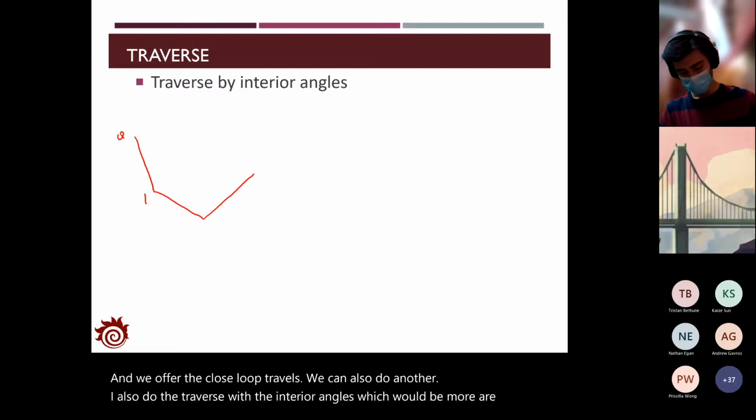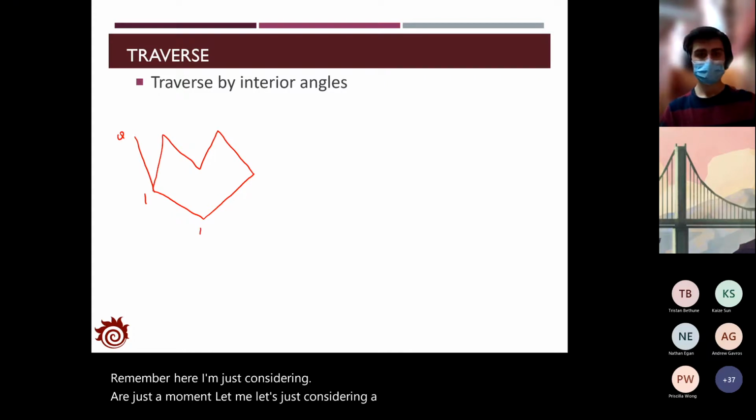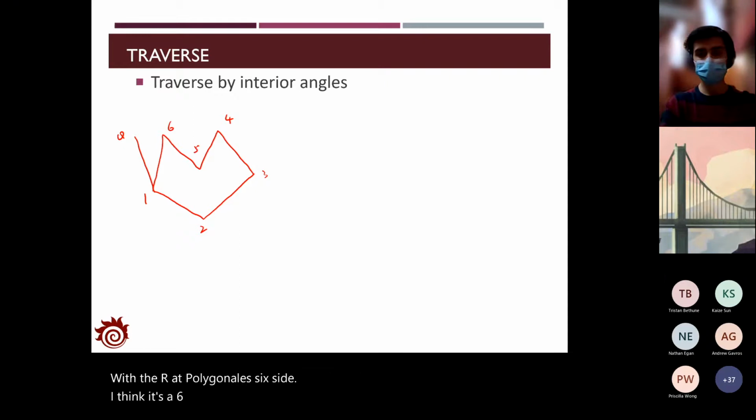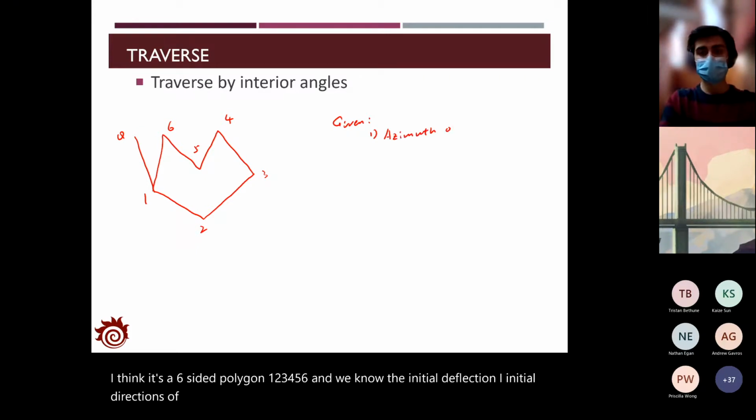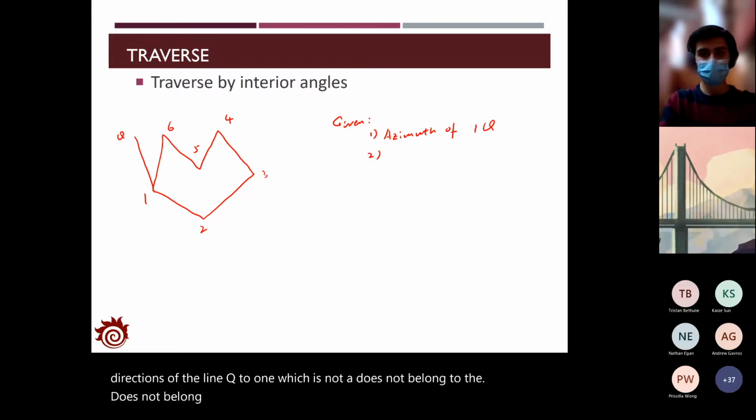For example, let's just consider a polygon with 6 sides, 1, 2, 3, 4, 5, 6, and we know the initial direction of the line Q to 1, which does not belong to the polygon.